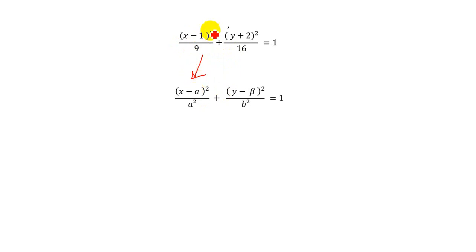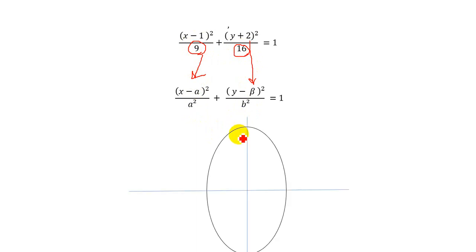So alpha will be 1, and beta will be minus 2, and a is this and b is this, so a equals 4 and b equals 3, and our axes will be like that.